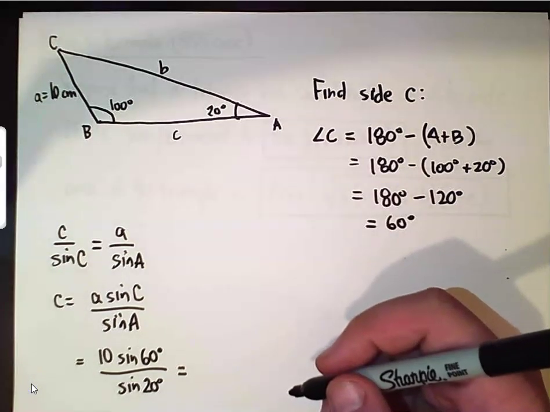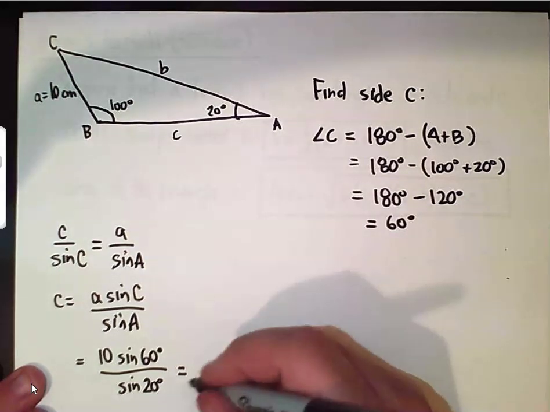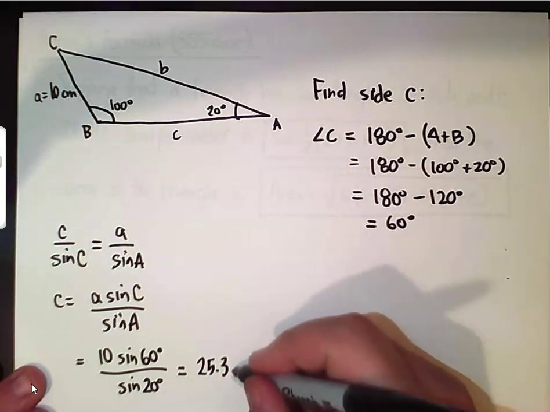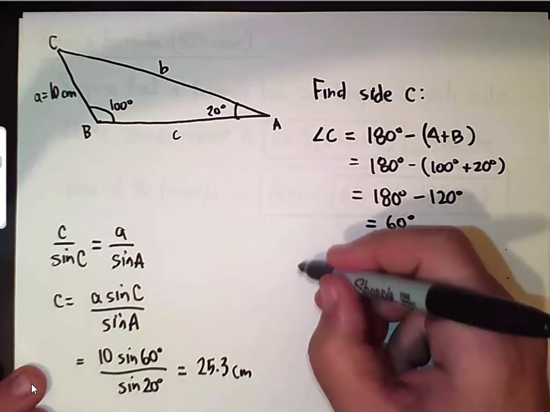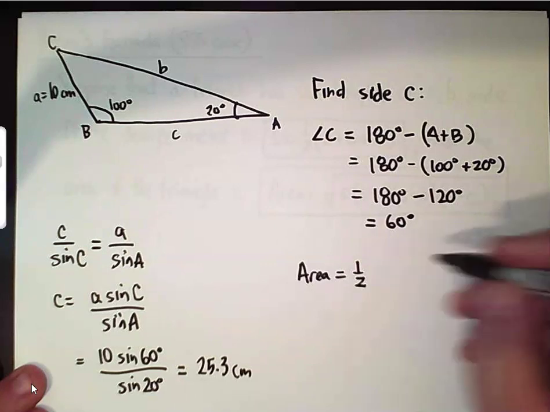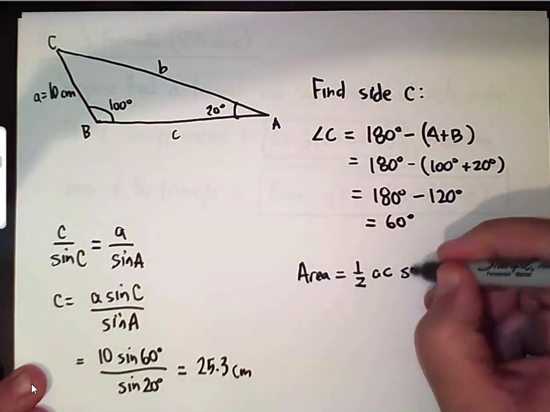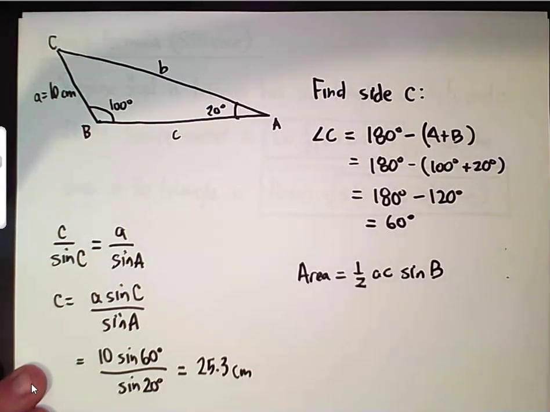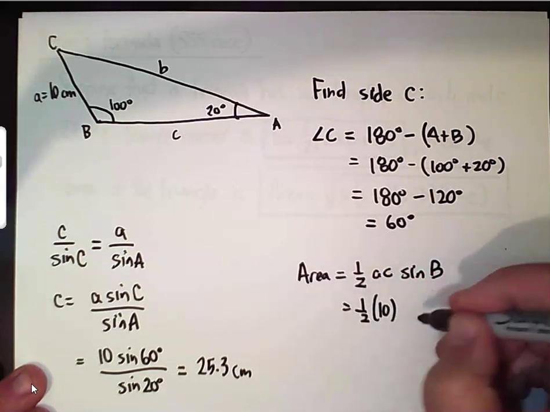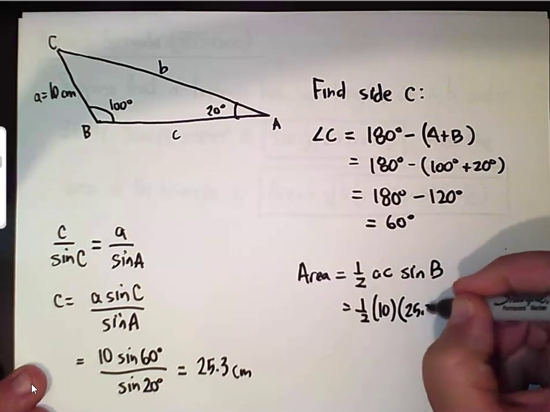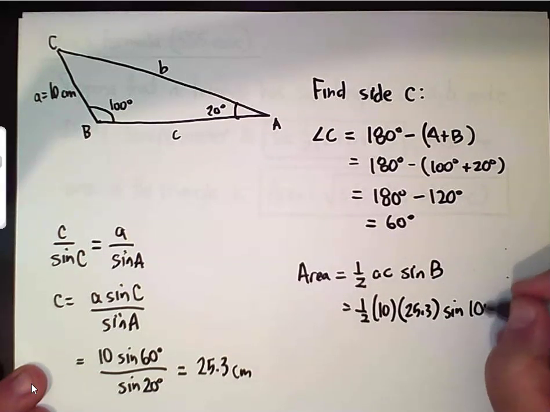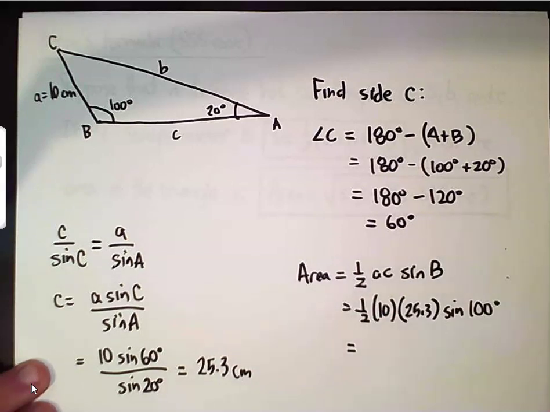When I plug that into my calculator, I get side c is 25.3 centimeters. Now I can find the area as 1/2 ac times the sine of angle B. So a is 10, c is 25.3, and angle B is 100 degrees.